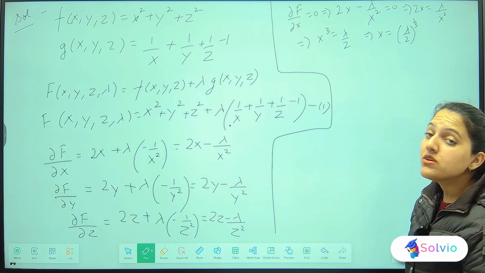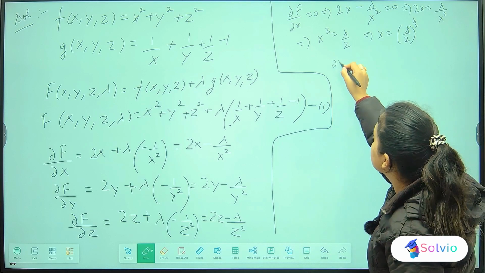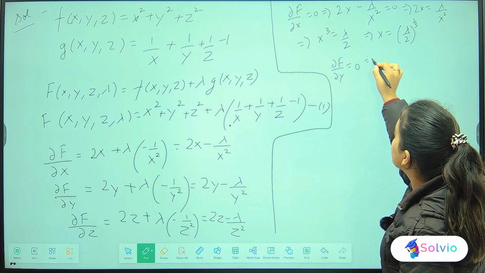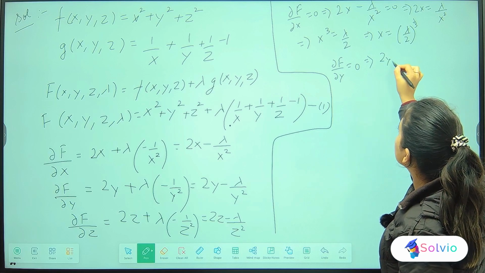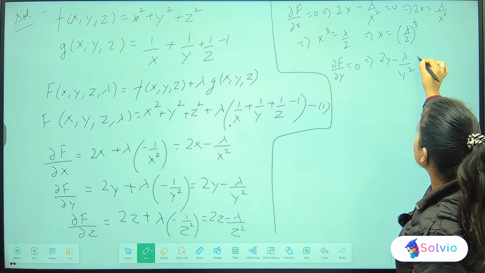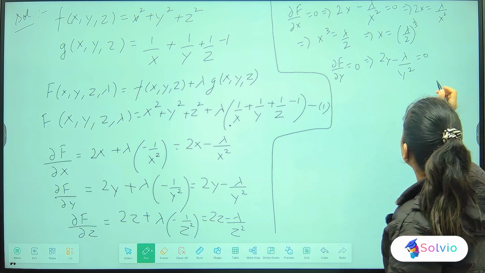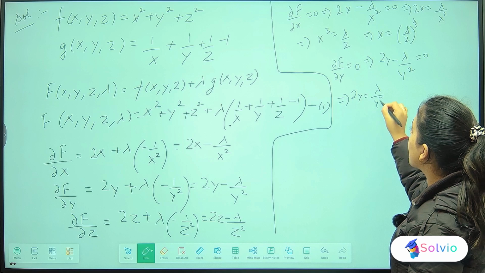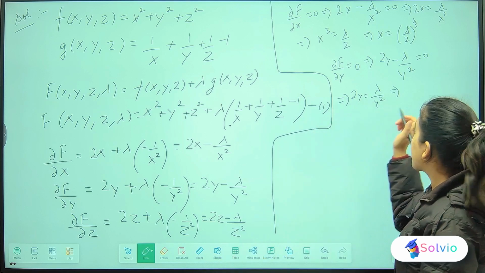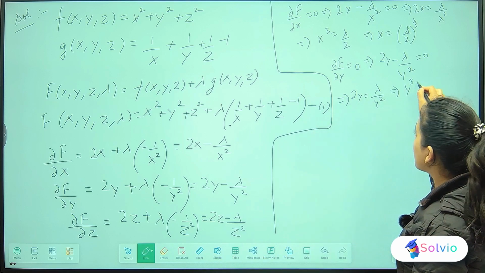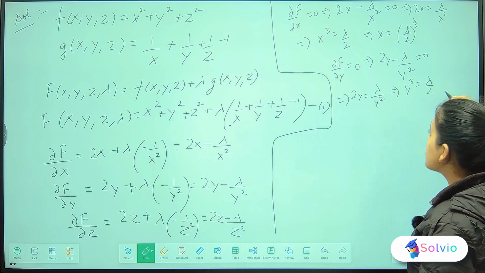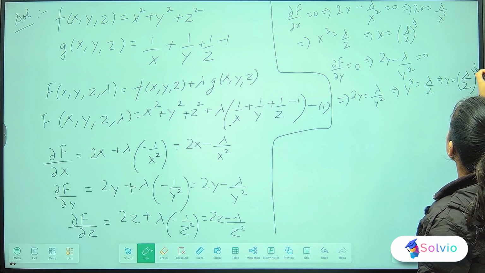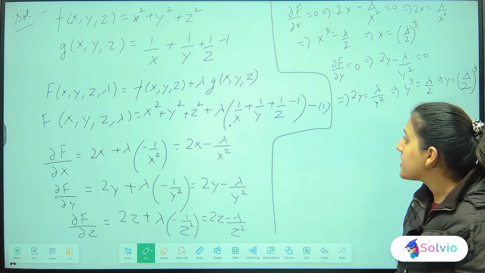Clear? Now similarly, I will put the partial derivative of f with respect to y equal to 0. So this implies 2y minus lambda upon y square equals 0, and this implies 2y is equal to lambda upon y square. So from here we get that y cube is equal to lambda upon 2, and this implies y is equal to (lambda upon 2) whole raised to power 1 upon 3.